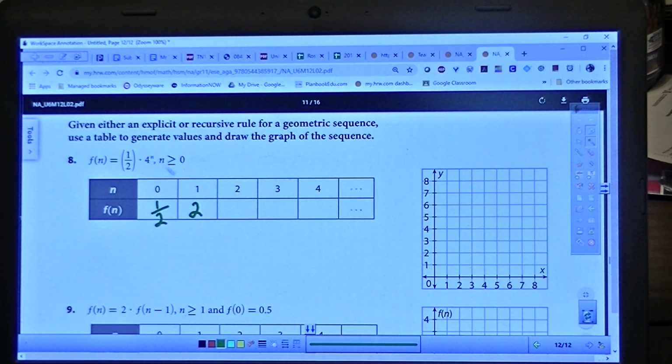Now plug in a 2. What's 4 squared? 16. What's half of 16? 8. 4 times 4 is 16, and half of 16 is 8.